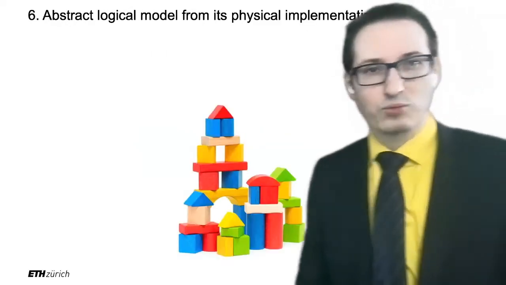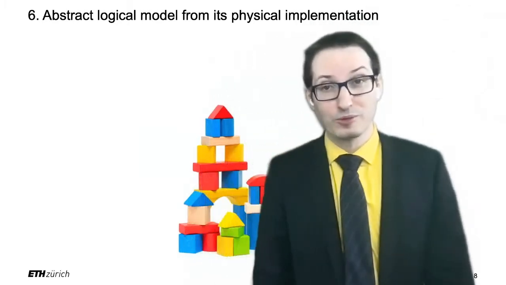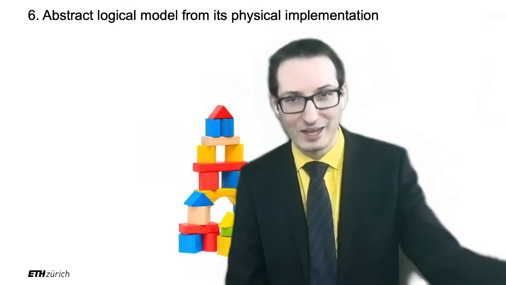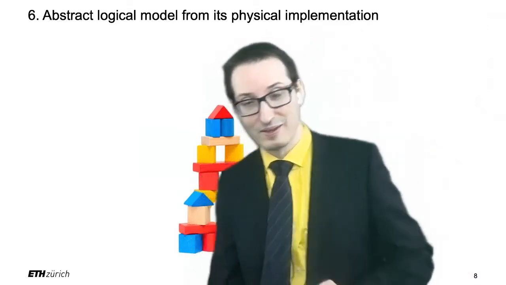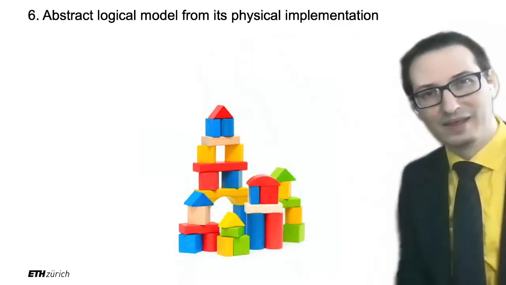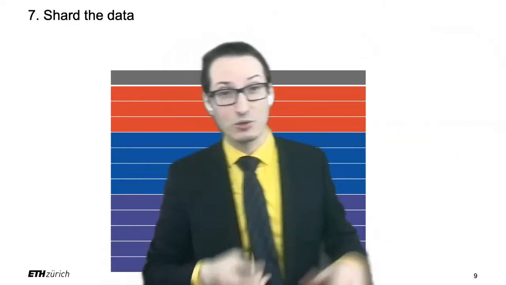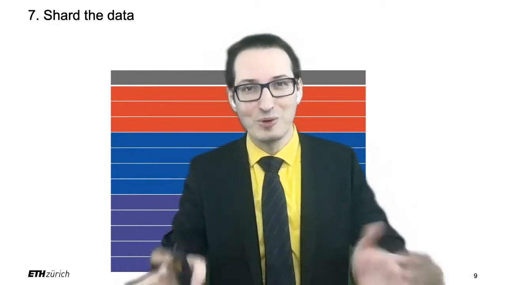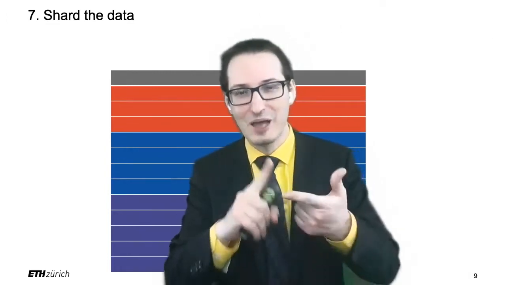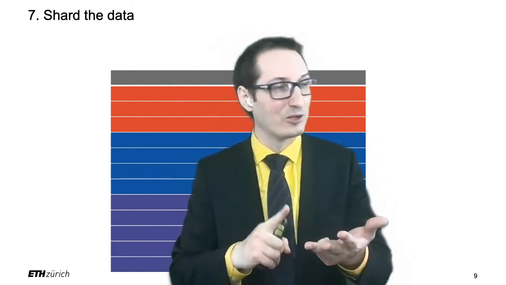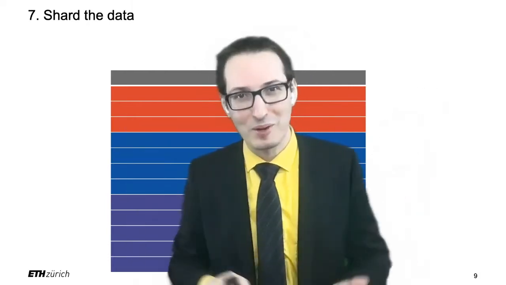Another thing we do is that we love to abstract the logical model from the physical implementation, and I do it in every lecture. I start with the logical model, and then I tell you how it's implemented, right? And that part is actually hidden. That's the benefit of the homogeneity in the large. We shard the data. I even give you plenty of words for that: shard, block, split, partition, chunk, and there's probably even more, right?